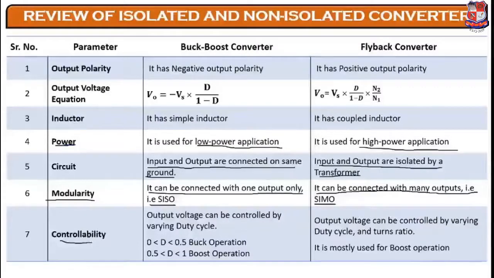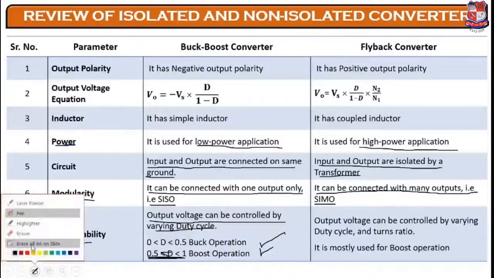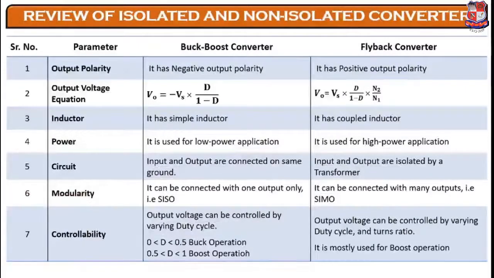Next is controllability. Output voltage can be controlled by varying duty cycle. This was also discussed in the non-isolated type, where if duty cycle is operated between 0 and 0.5, it will be buck operation. If duty cycle is operated greater than 0.5 but less than 1, then that will be boost mode.